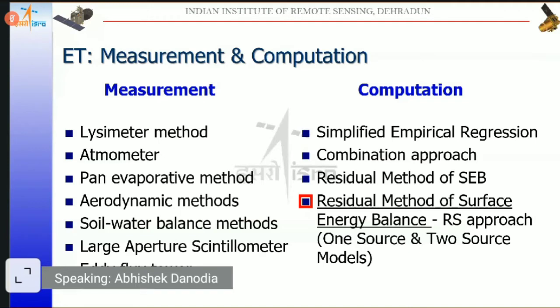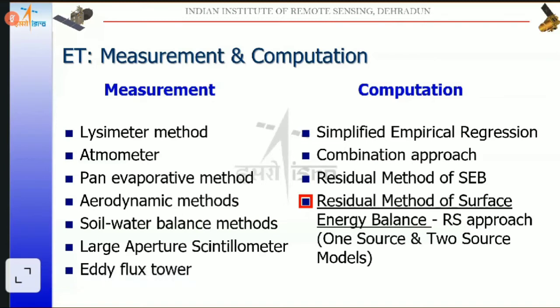Out of these, the large aperture scintillometer and eddy flux tower are the most scientific and peculiar instruments used for measurement of evapotranspiration at a particular footprint scale or path length level. While if I want to calculate for a bigger area, a regional scale, then I have to go for computation, because from the measurement point of view we can cover only a few locations if I want to calculate for a state level or a regional level.